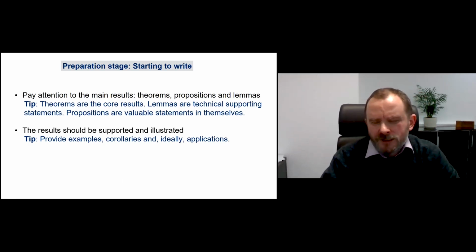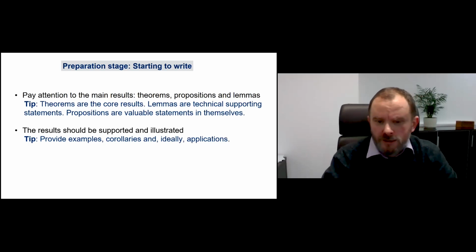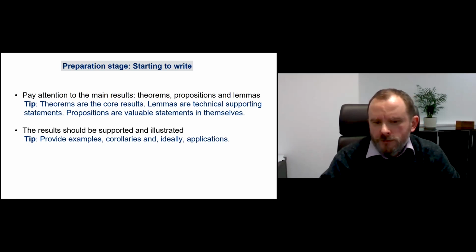It happens sometimes, but quite rarely. This is somehow against the policy of leading journals. They want to publish original results. But if your results are original, and you want to illustrate them by new proofs of already known results, this is a good point.